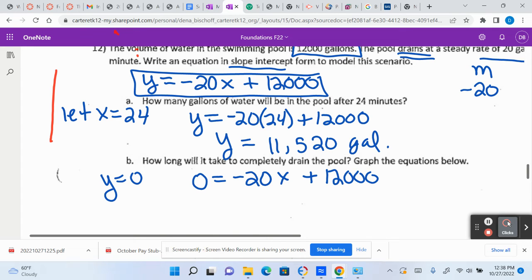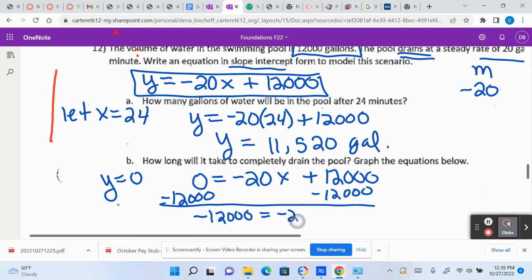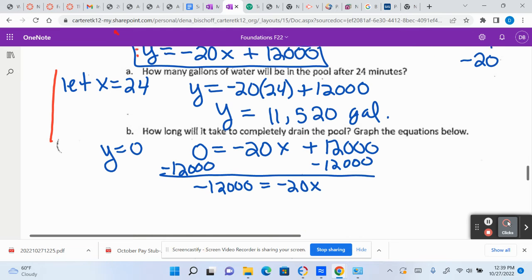Someone solve that. I'm trying to figure out how many minutes this is going to take. So what should I do? I'm trying to get x all by itself. Naya. Sure, subtract 12,000 from both sides. I think that sounds great. So I have negative 12,000 equals negative 20x. Now what?